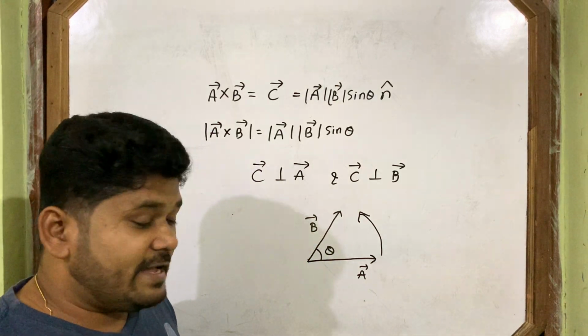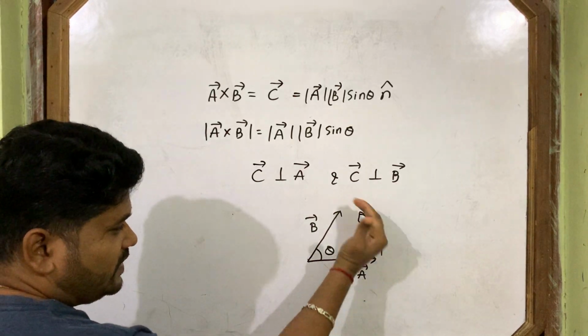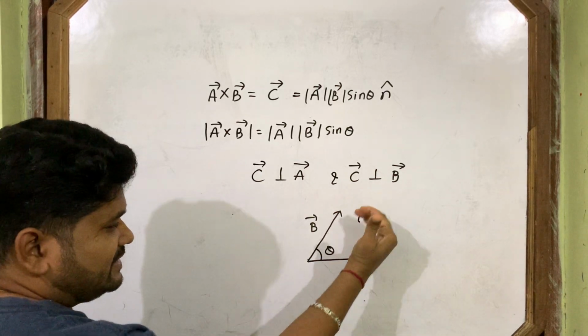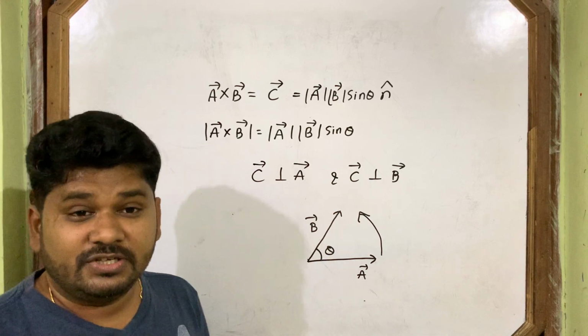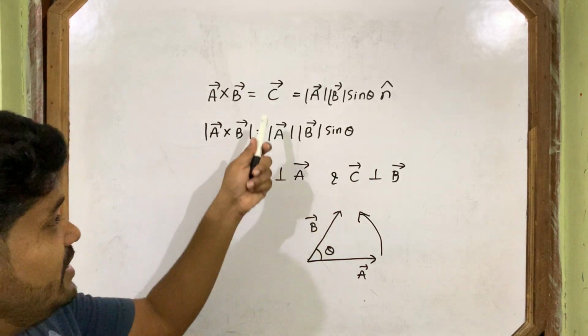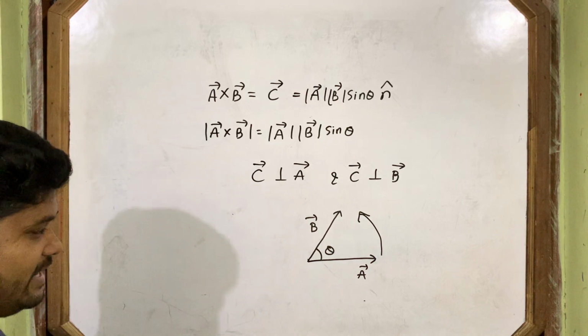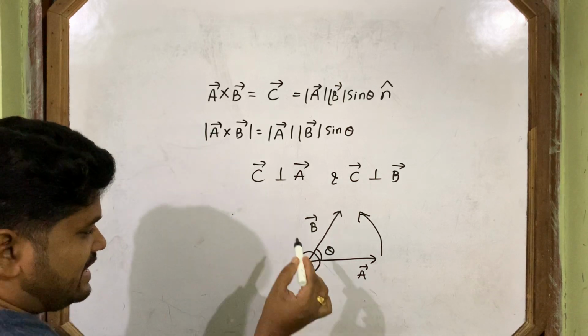If you are going from A to B, then your fingers curl like this, and where the thumb is directed, that is the direction of the result vector C vector. If you are doing A vector cross B vector like this, the direction of C vector is outward.